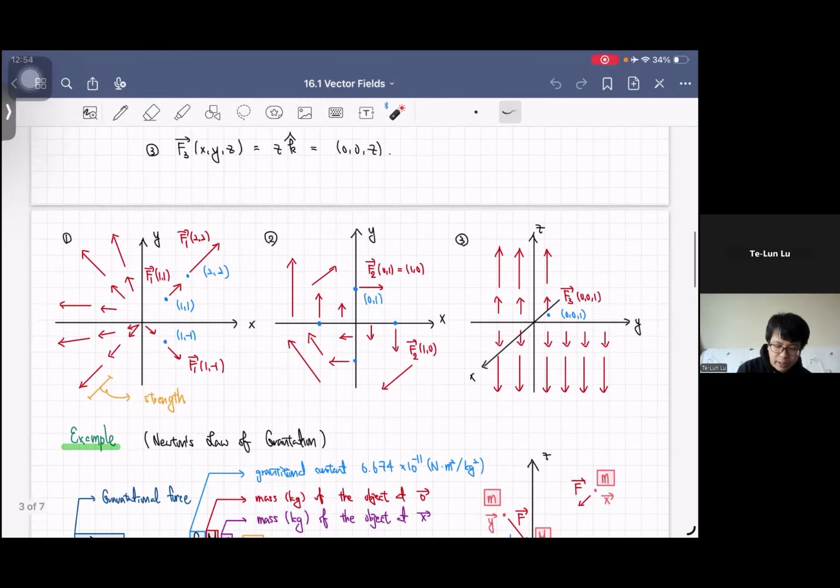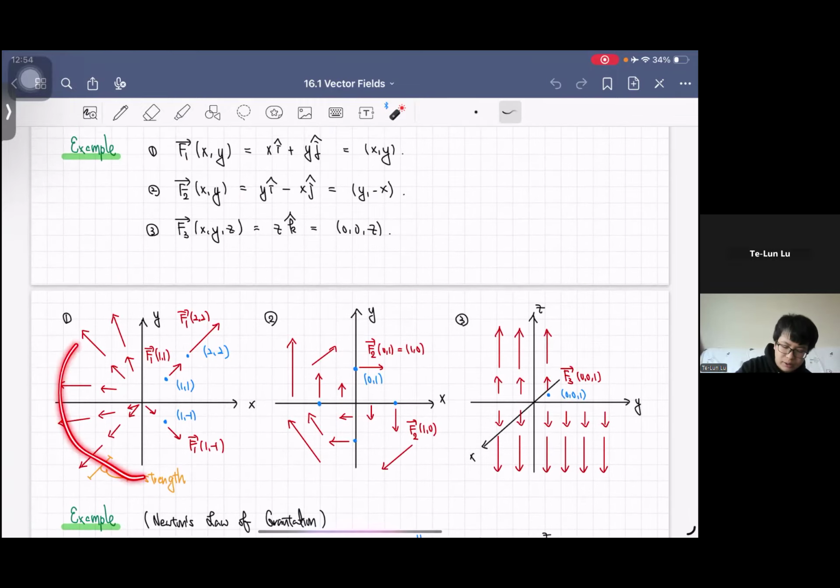So for example, we can draw that out. In this first example, we see that the point 1, 1 is assigned to the vector f1 of 1, 1, which is 1, 1. So you have an outward pointing vector. Similarly, for 2, 2, you have the outward pointing vector f1 of 2, 2 to be again 2, 2. It is in the same direction, but longer than the vector at 1, 1.